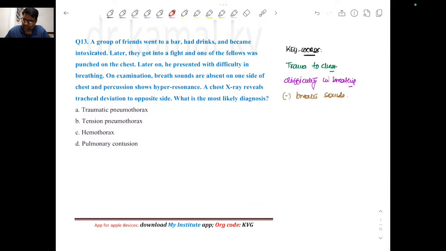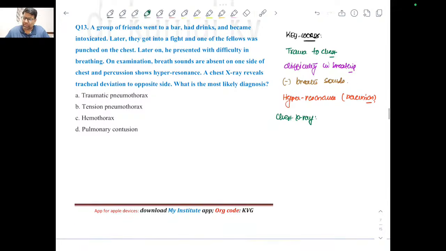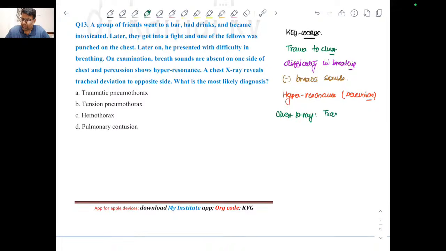Importantly, hyper resonance on percussion, and chest X-ray tracheal deviation to opposite side. Clear? So this much we are getting, and yes, Priya, you are absolutely right.